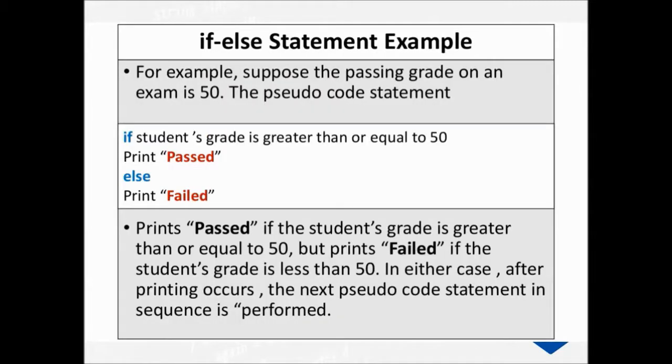Let's have an example from our previous example. Suppose the passing rate on an exam is 50. Then the pseudocode statement is: if student's grade is greater than or equal to 50, print pass on the screen, else print fail. It prints pass if the student's grade is greater than or equal to 50, but prints fail if the student's grade is less than 50.